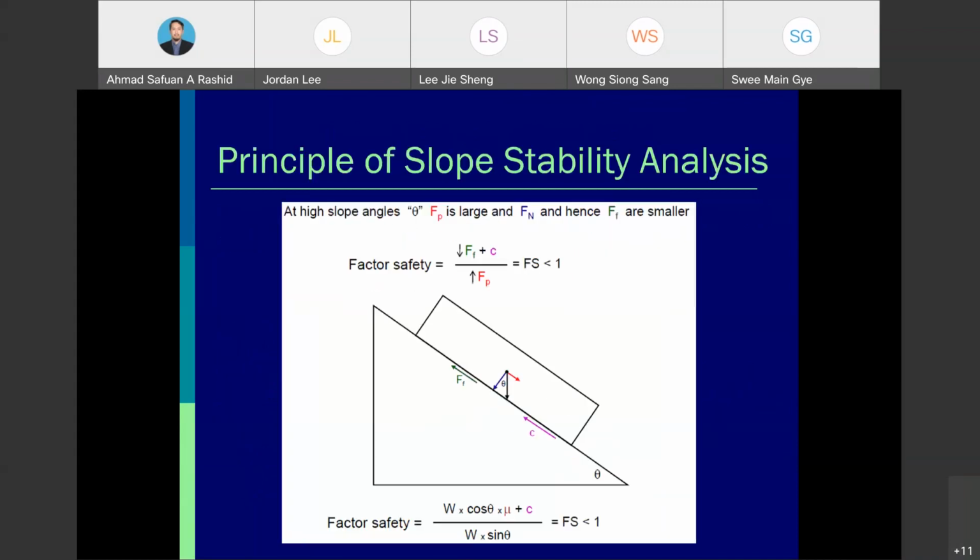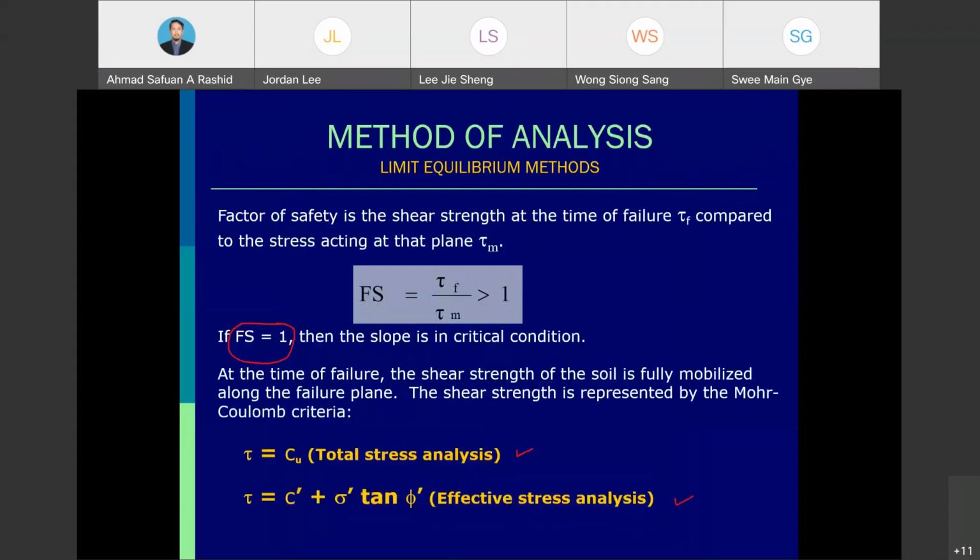My question is the C. Is it related to these two, the undrained shear strength and the effective shear strength? So if I want to calculate for the long term, the formula I use should be the... Yes. But this is just some simple explanation, because we may go through it later on.